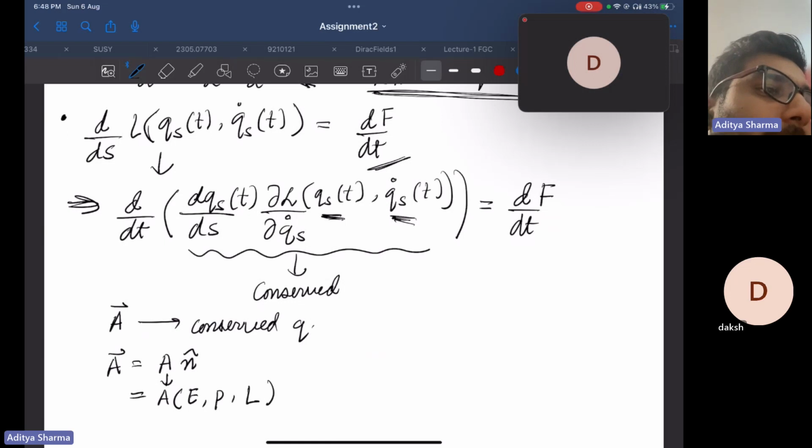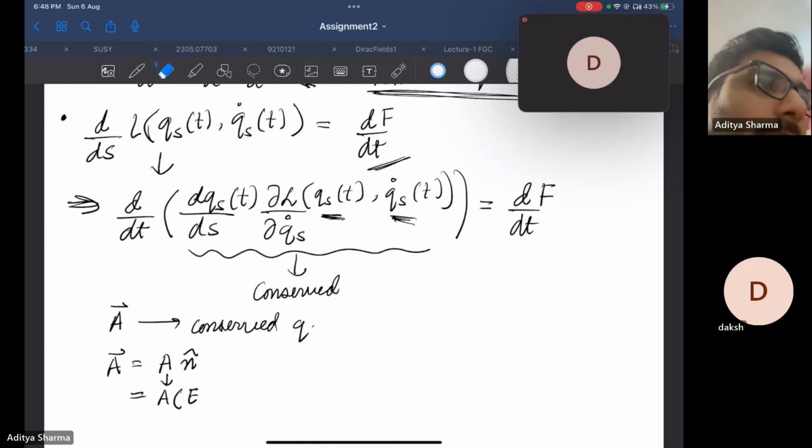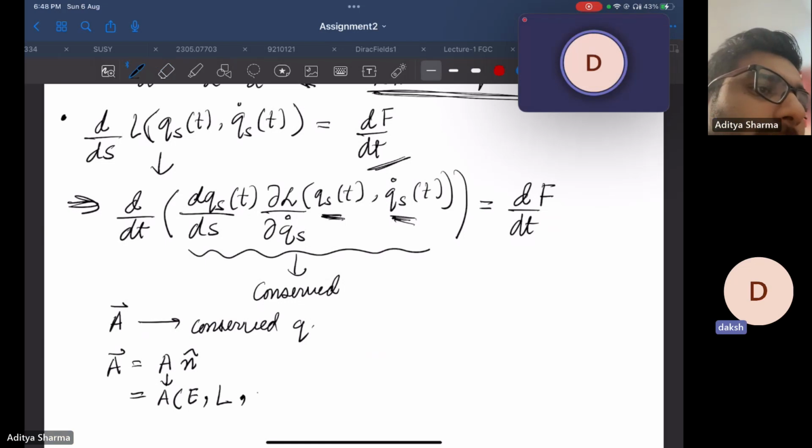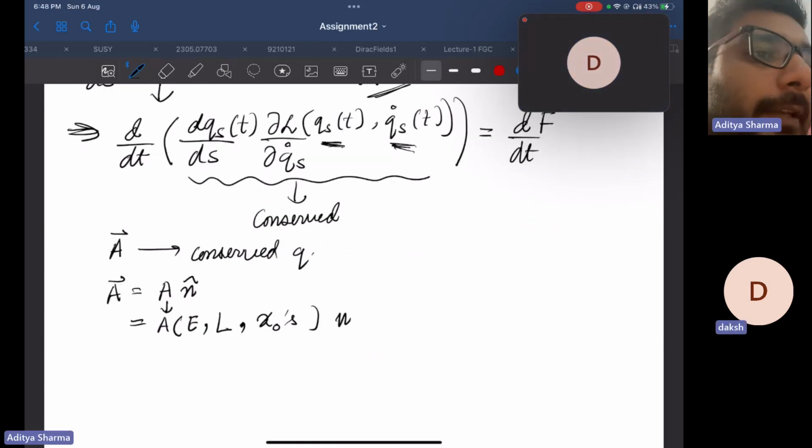These were some mixtures of this only. Was momentum there or not? Momentum was not there, I guess. No, not that. Energy, angular momentum, and initial conditions, if you want to. Yeah, x naughts, whatever. Times n cap.